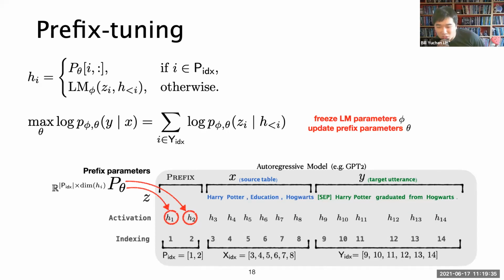Hi, I have a quick question here, just to clarify. The h1 and h2 here, are they the same for different x, or are they different? Yeah, they are the same for different x. So it means it's a task-specific prefix, and all the examples share the same one.